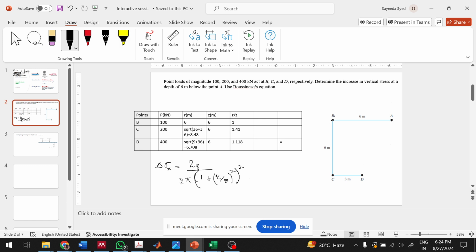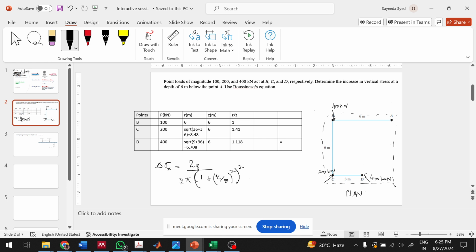So I mentioned that we have a load of 100 kilonewton here, a load of 200 kilonewton here, and a load of 400 kilonewton here. And this whole is the plan, like this is the top view. This is a field that you are looking at from the top.